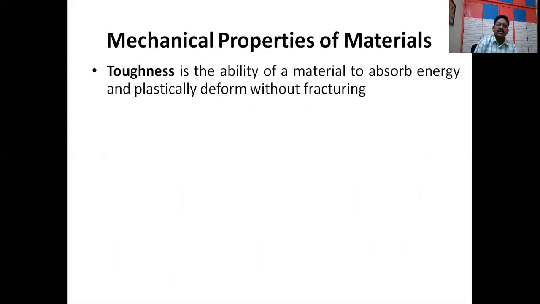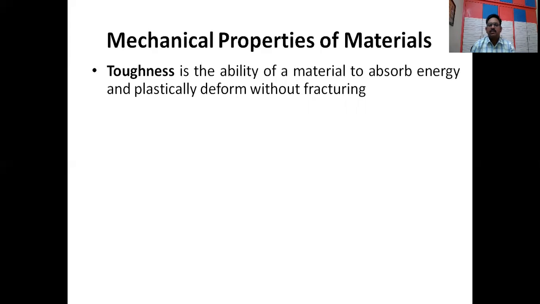Next property is called toughness. Generally, toughness and hardness are used synonymously in general English, but toughness is different from hardness. Toughness is the ability of a material to absorb energy and plastically deform without fracture.